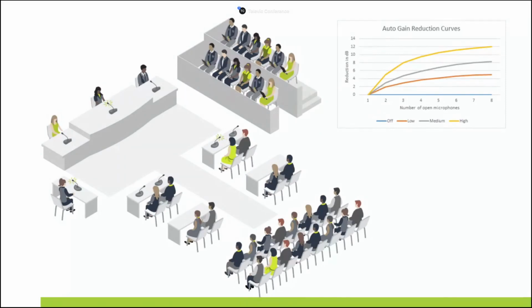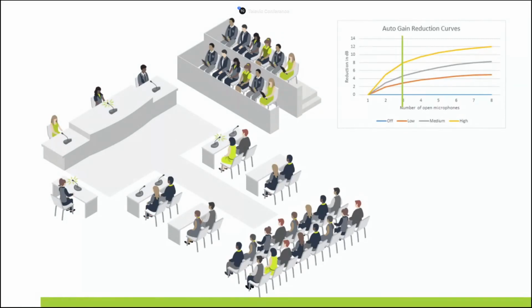Now, the second thing that we added on top of that, so you have the dynamic mix minus, so all the loudspeakers stay on at all times, is that we also have applied gain sharing. So nowadays, in our solution, we have auto gain reduction. And that means, in this case, that 3 microphones are open, that there will be a reduction applied depending on the setting here on all those microphones that are open.